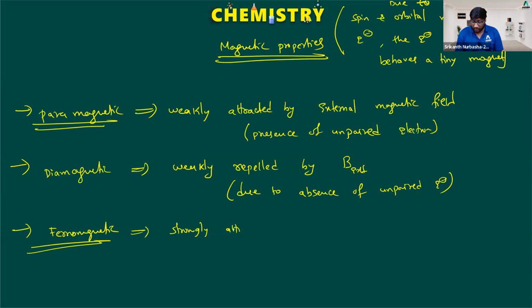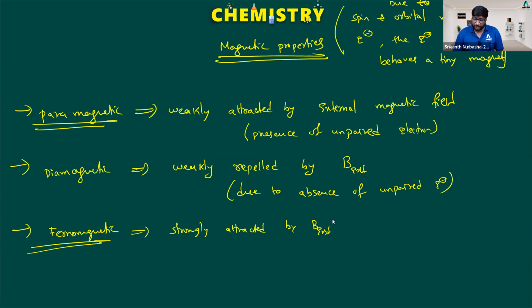But this is not the scenario to understand completely. The magnetic moment: if you apply the external magnetic field, all the magnetic domains are going to be present randomly. In the case of ferromagnetic substances like metals, since a very high number of electrons are present, the magnetic domain has to be taken.